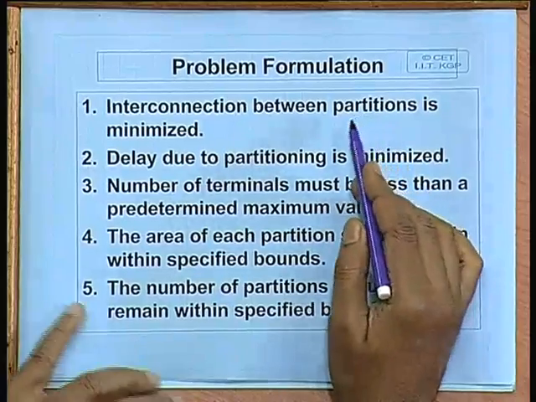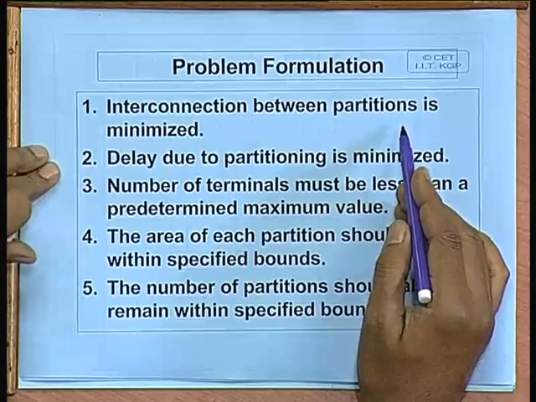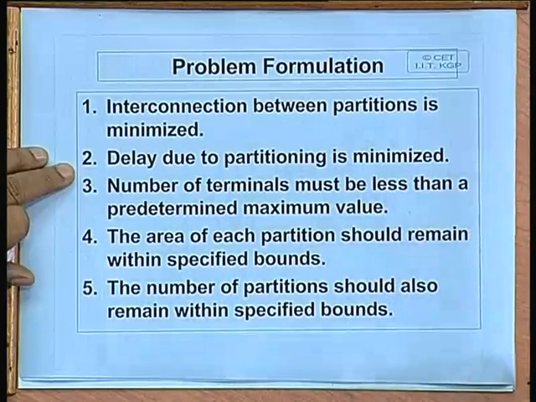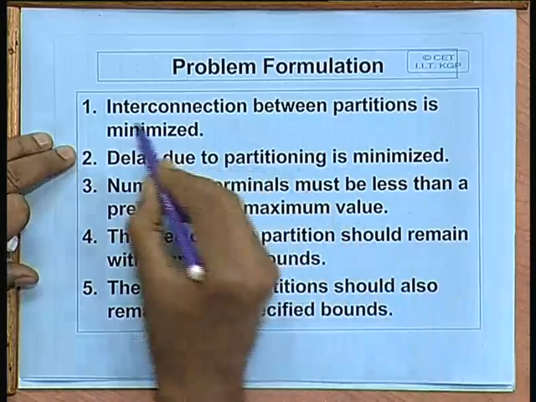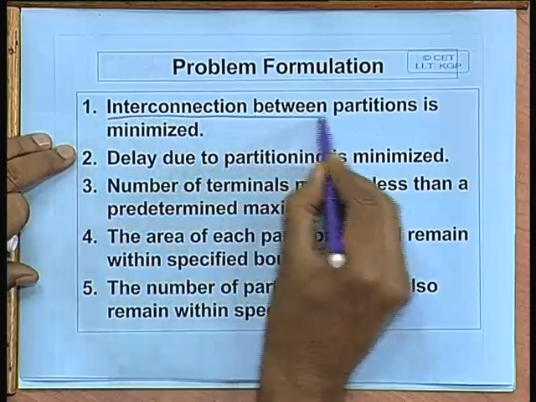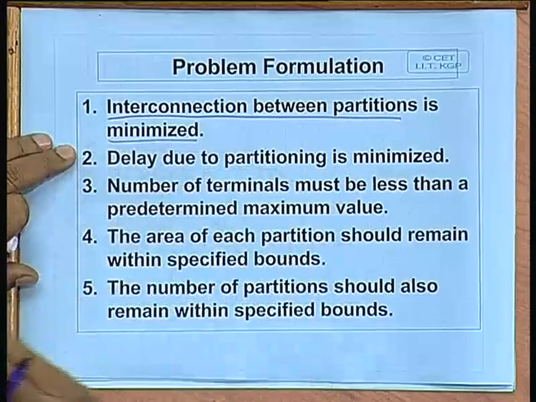With respect to partitioning, we can now frame the problem slightly formally like this: we have to partition a big system into subsystems such that, first, interconnection between the partitions is minimized, obviously.